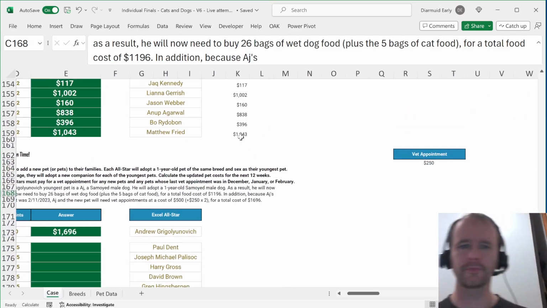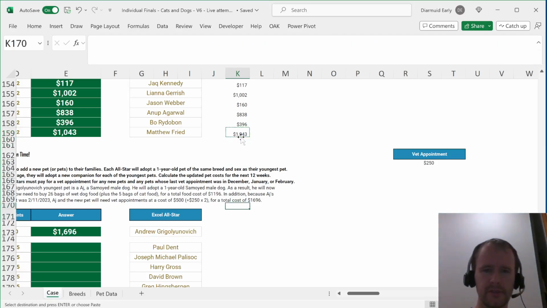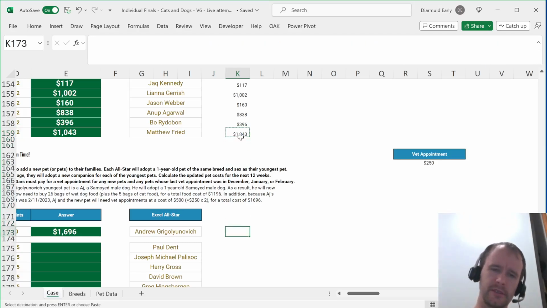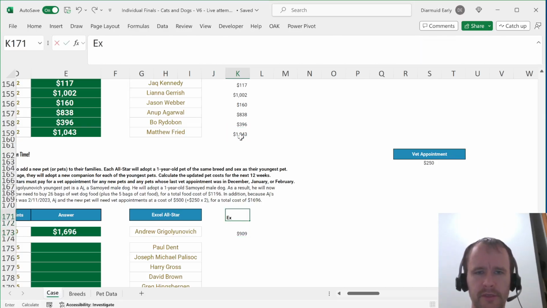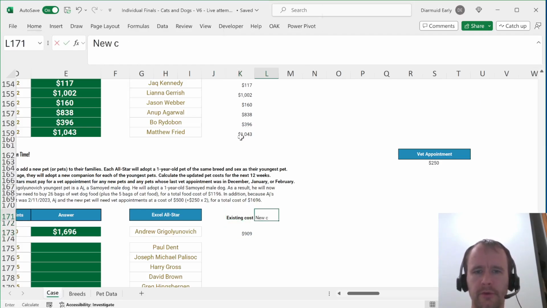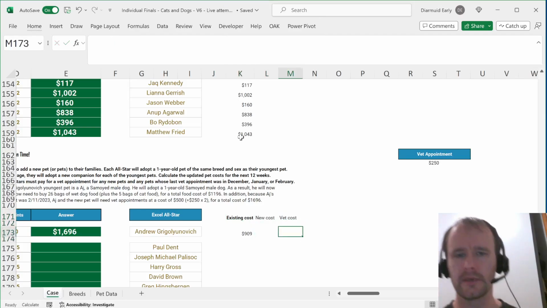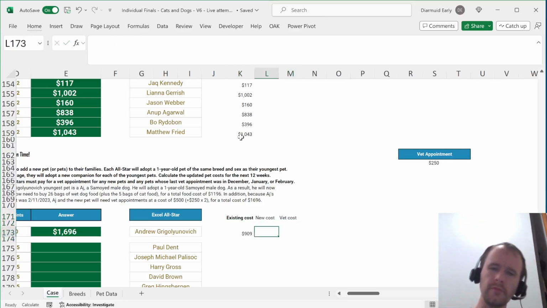All right, so the first thing is, this is the existing cost. Well, fine, whatever. So the existing cost is here. So we need existing cost, we need new pet cost, and we need vet cost. I guess the first thing I want to know is new count.